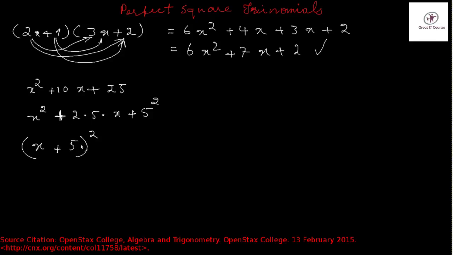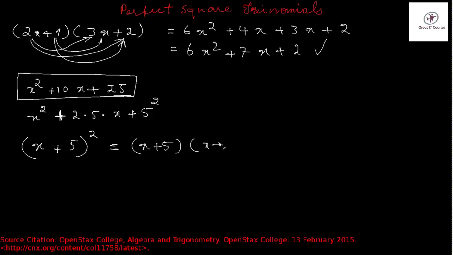So that basically means that you will get this expression if you expanded this thing. That means that you simply write x plus 5 into x plus 5. Now you can try that. You can multiply x into x is x squared, this is 5x plus 5x plus 25.